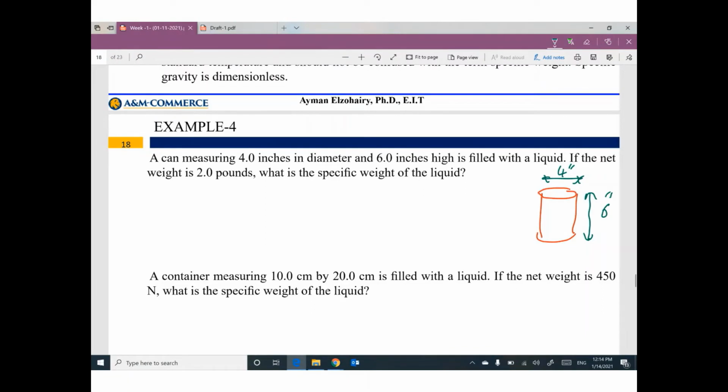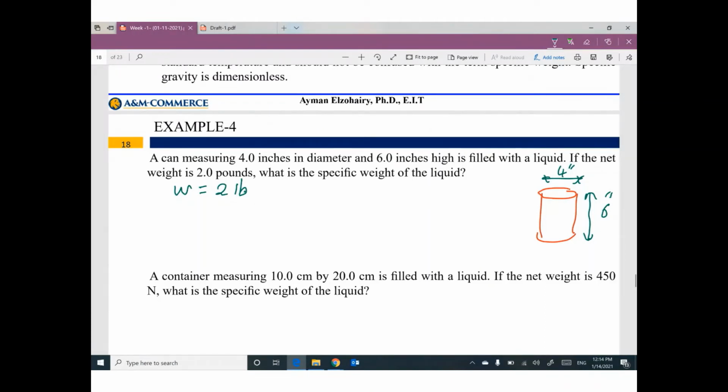Is filled with liquid if the net weight is 2 pounds. Weight of the liquid equal 2 pounds. What is the specific weight of the liquid?